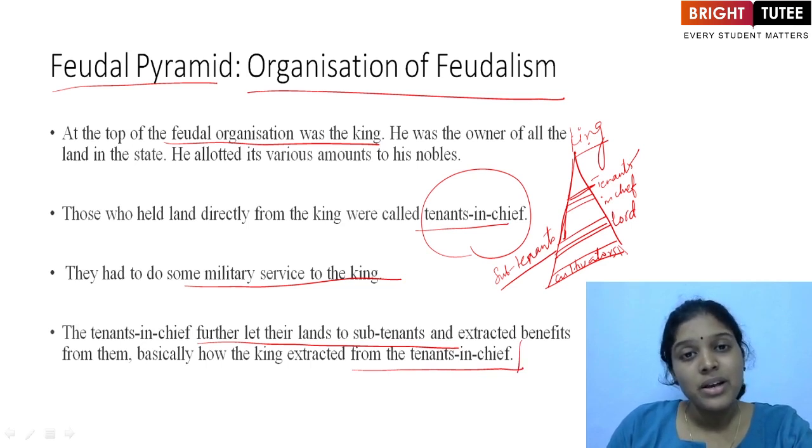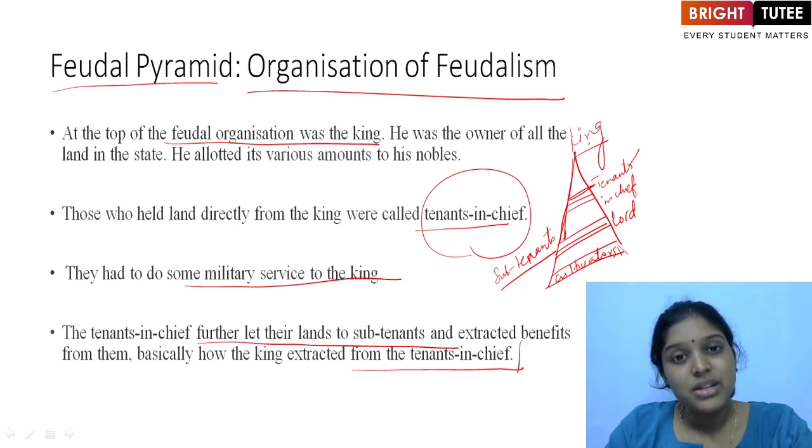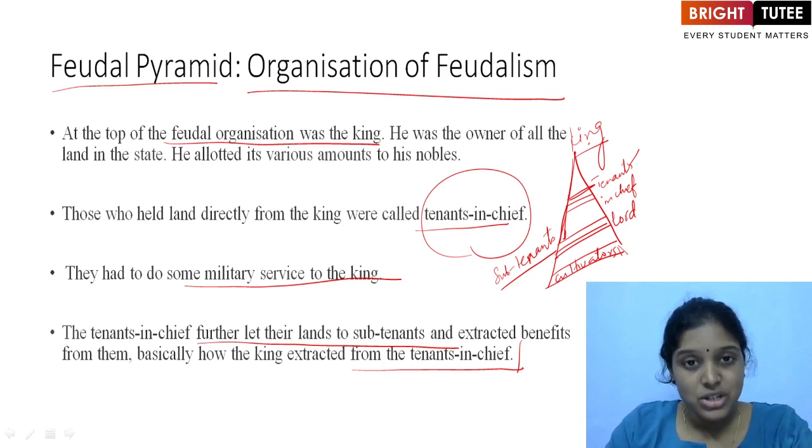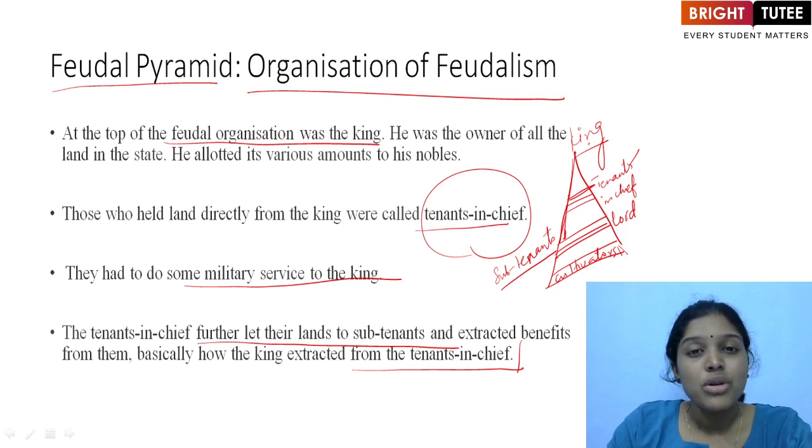Like the king getting service from the tenant-in-chief, the tenants-in-chief also got certain kinds of services from the subtenants, and the subtenants divided it among another section, and finally the land reached the cultivators who worked on the land, tilled the land, and cultivated the land for their day-to-day needs.